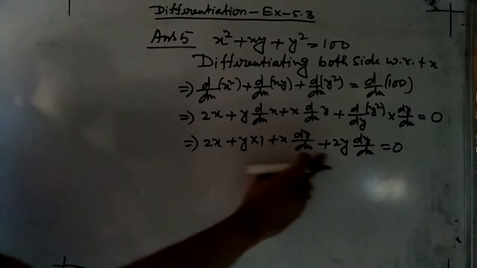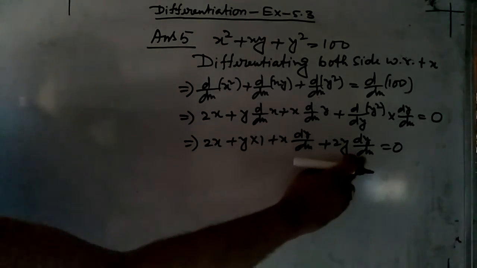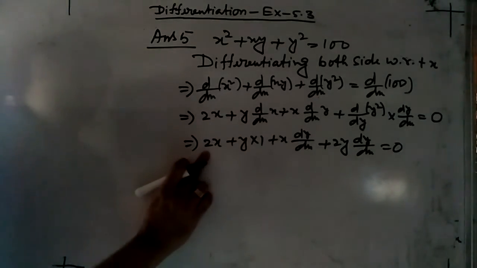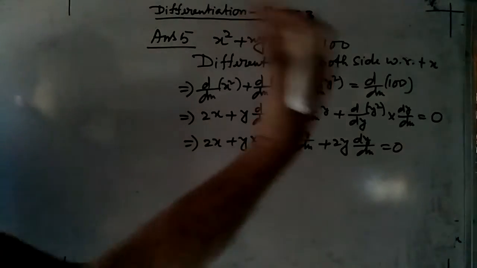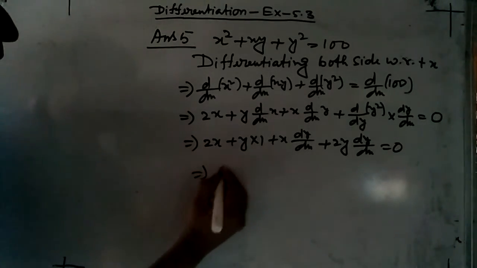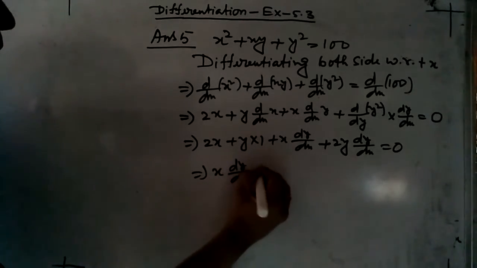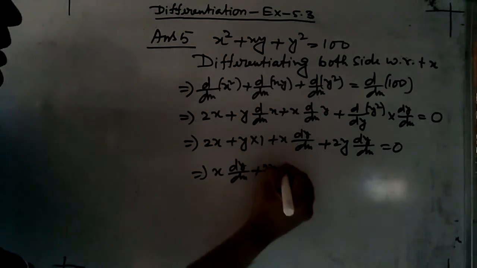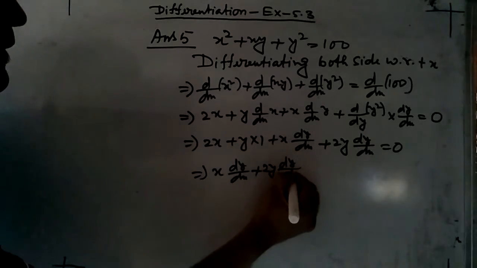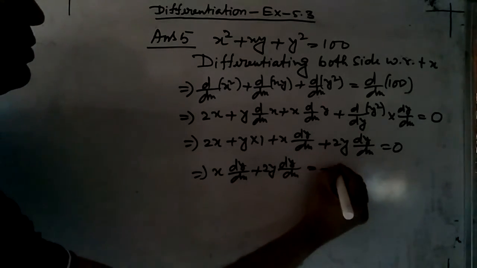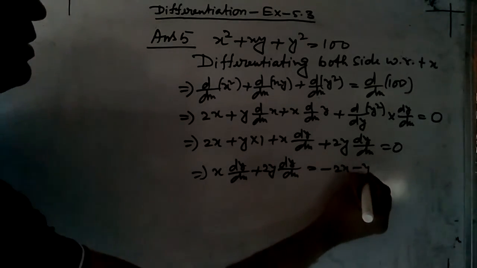Now in two terms we can observe dy by dx is present, other two terms have no dy by dx, so we'll bring them to the right side. We have to solve for dy by dx. x dy by dx plus 2y dy by dx equals to minus 2x minus y.